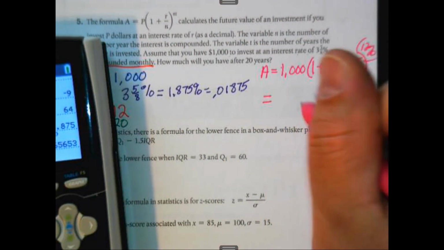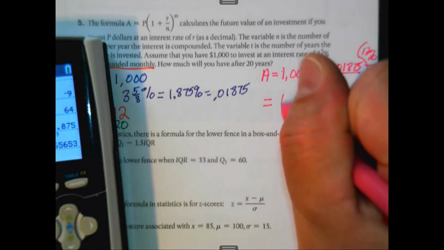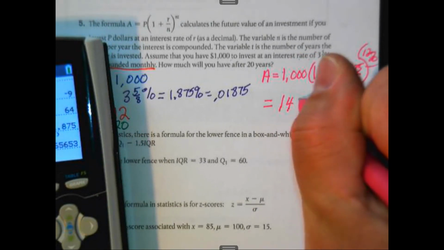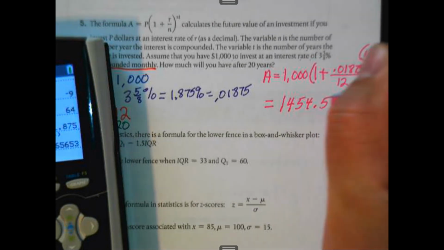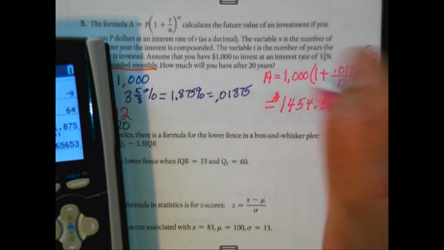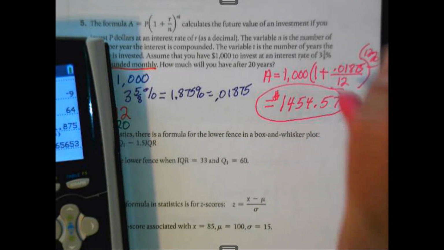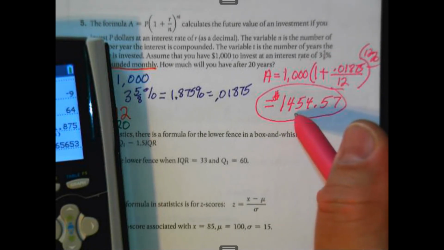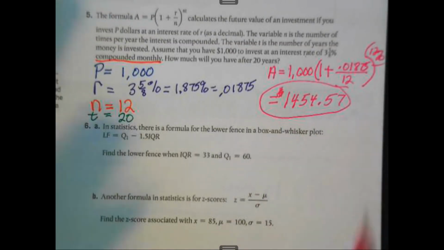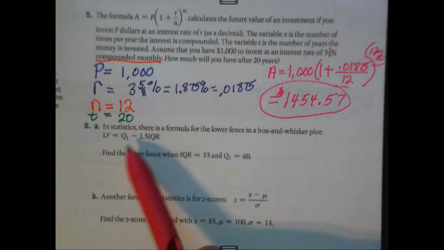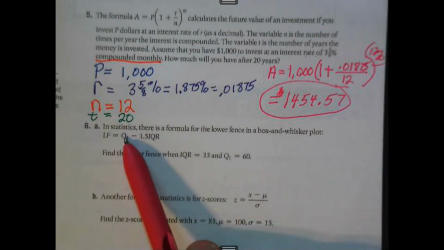So after 20 years, my $1,000 becomes $1,454.57. Make sure that seems reasonable. Start out with 1,000 and I'll get 1,450. Yeah, it seems reasonable.